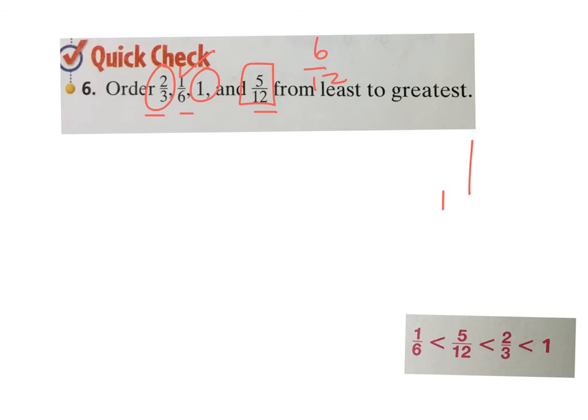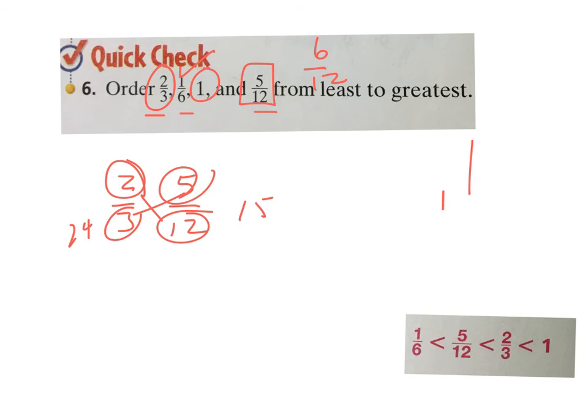So out of these, if I need to compare them, let's say I'm not sure with 2/3 and 5/12, you could do that cross multiplication to figure that out. So you could say 2 times 12 is 24. 3 times 5 is 15. So we know that 2/3 is bigger. So let's take a look at that 1/6. Where does it fit between 5/12 and 1/6?